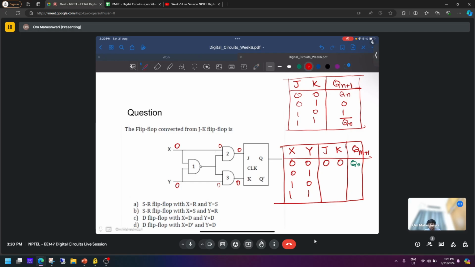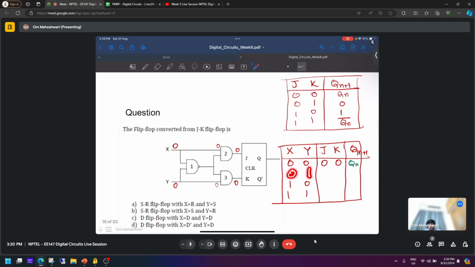Next state is when X is 0 and Y is 1. So let us make some changes here. When X is 0 and when Y is 1. Here it is 1. Here it is 0.